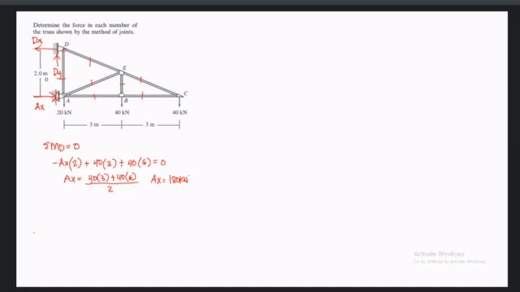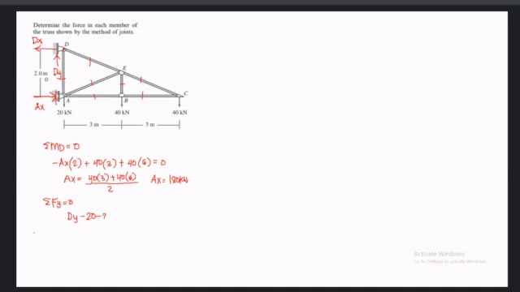So positive yung lumabas, so it means tama yung in-assume natin na direction. Okay, so after that, solve naman natin si DY using summation fy. So you have your DY as positive. Negative naman yung mga external loads natin.